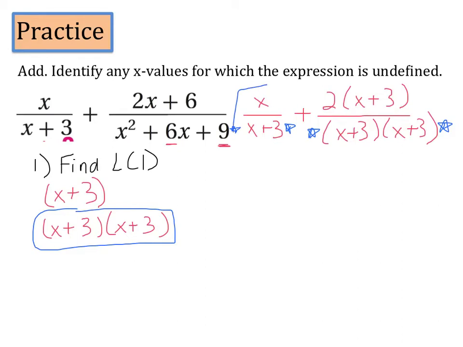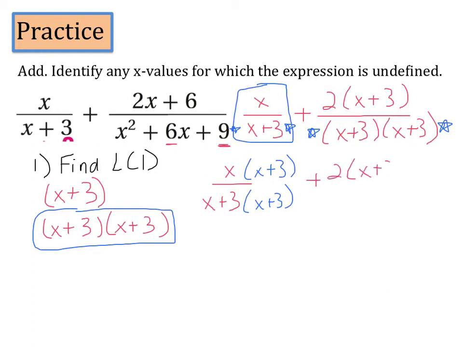So I want to take this expression here and multiply the numerator and the denominator by x plus 3. So I have my expression x over x plus 3. I'm going to multiply the bottom by x plus 3 and the top by x plus 3. Then I'll have my 2 times x plus 3 over x plus 3 times x plus 3.